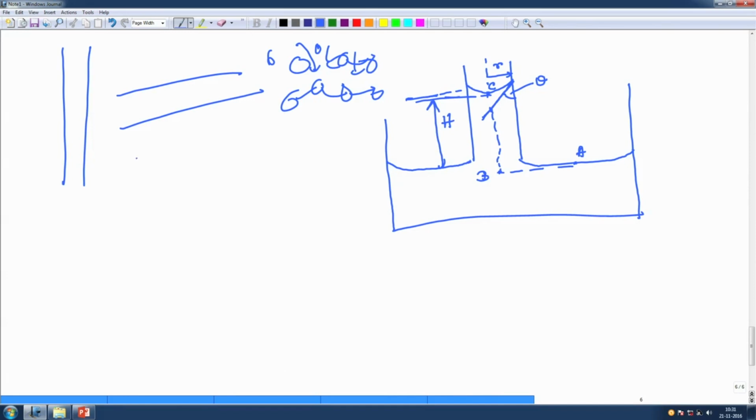Here, if you recall, R1 equal to R2 equal to R cos theta, because it is a very narrow tube, a small diameter tube.